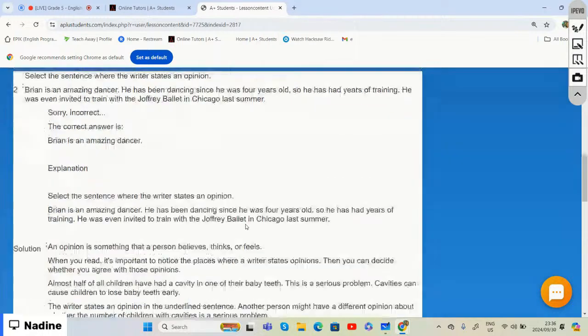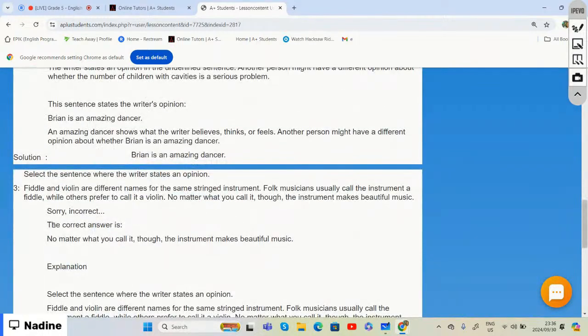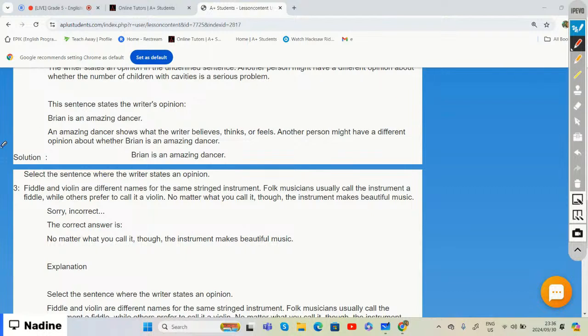All right, let's do one more and then we're going to our test. It says fiddle and violin are different names for the same stringed instrument.